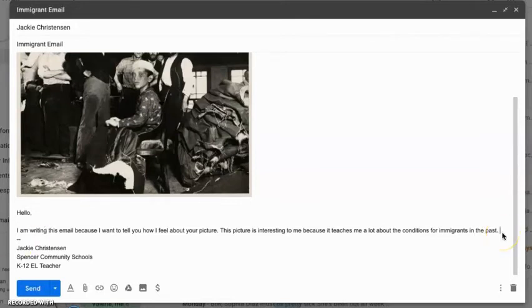Then I'm going to space and do my body paragraph. Here is where I'm going to tell them how the picture makes me feel.